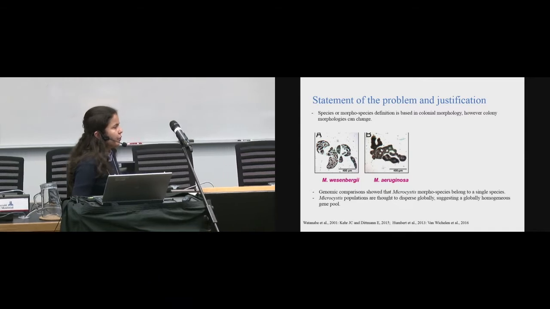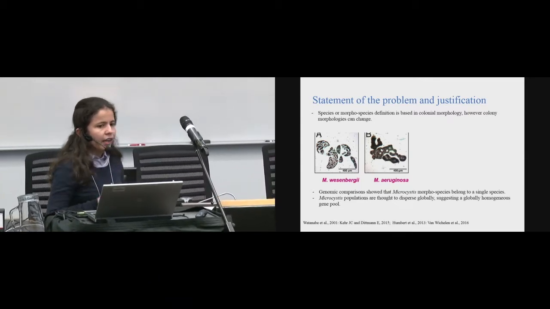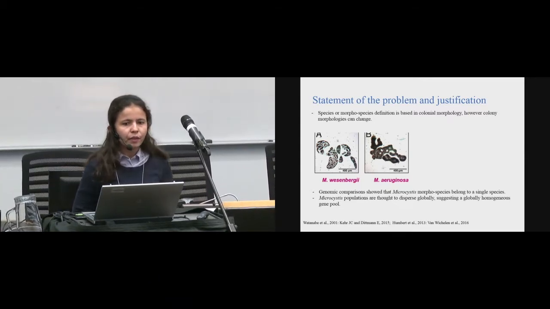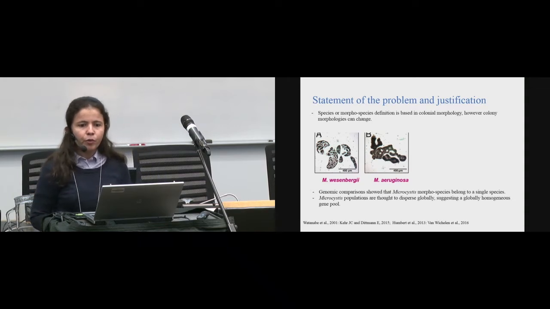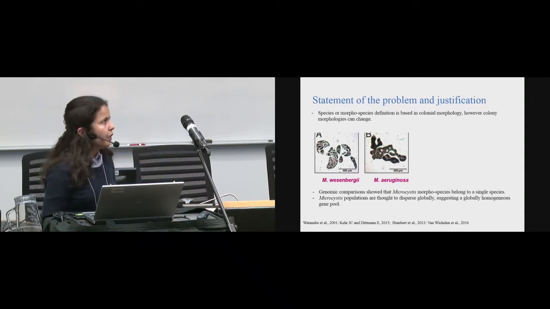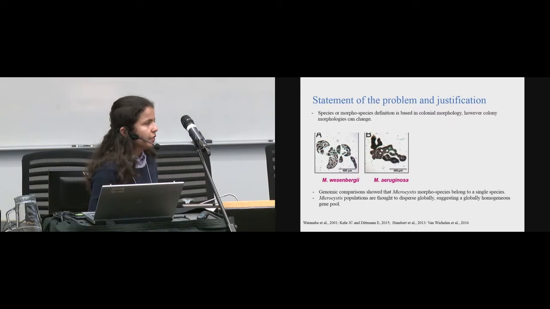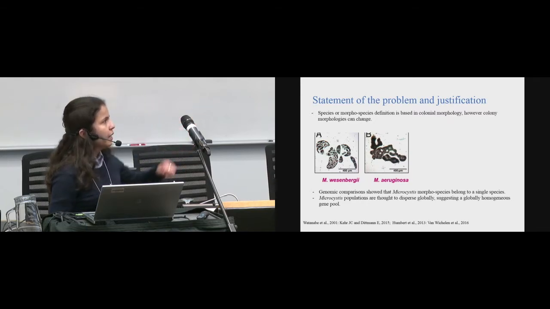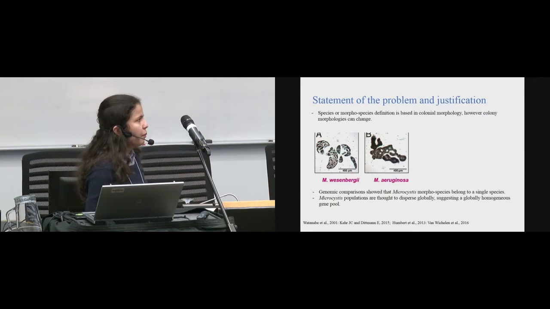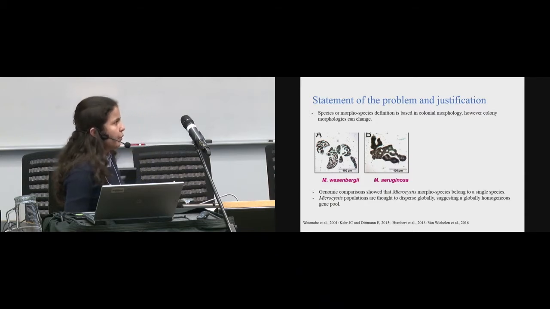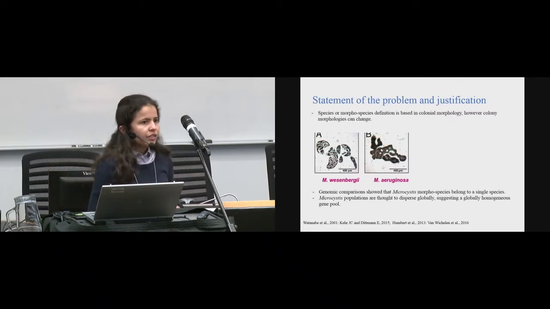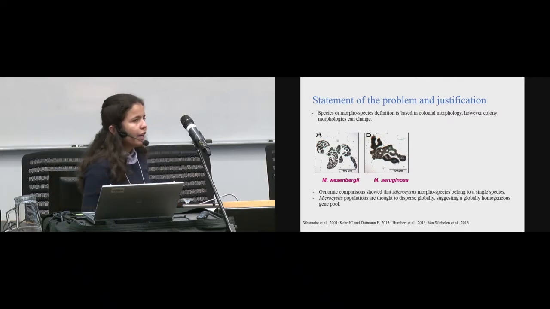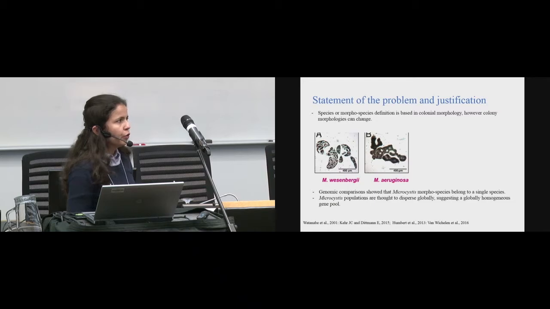One of the main reasons to do this study is that the species or morphospecies definition is based on colonial morphology. However, we know that colony morphology can change. For example, we have two different morphotypes, Microcystis wesenbergii and Microcystis aeruginosa, in the figure. We can see some differences. However, genomic comparisons show that Microcystis morphospecies belong to a single species.